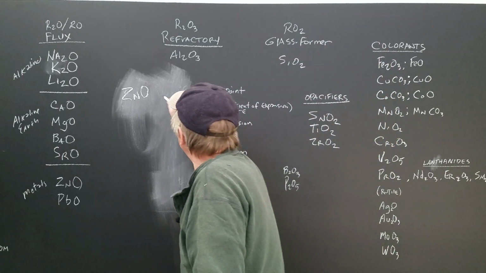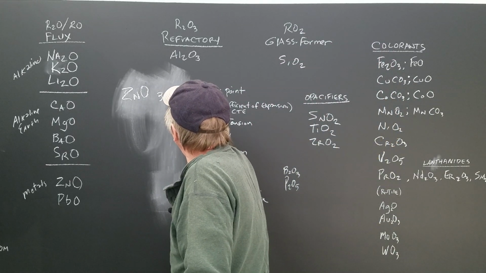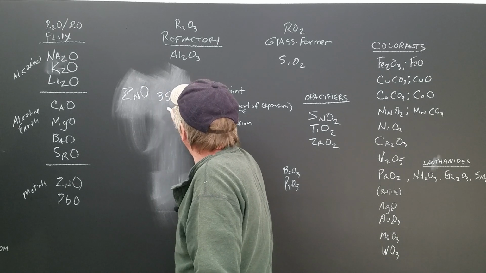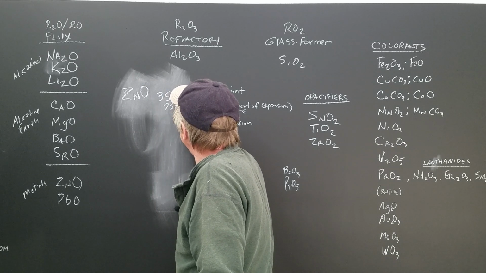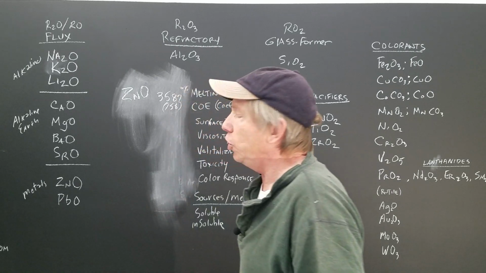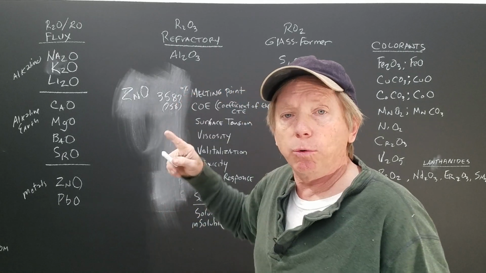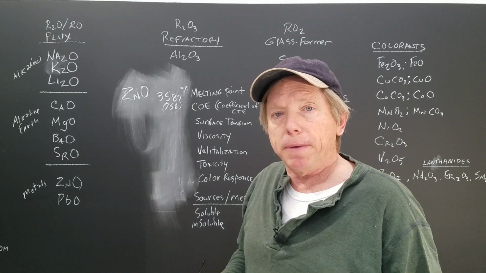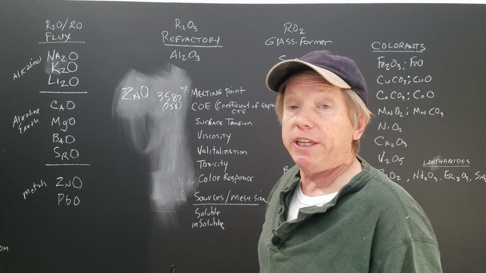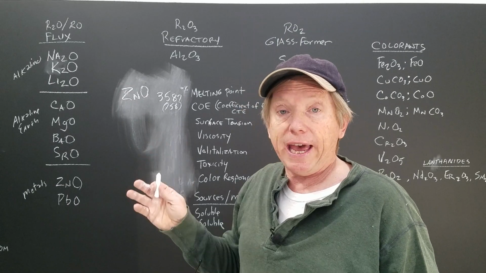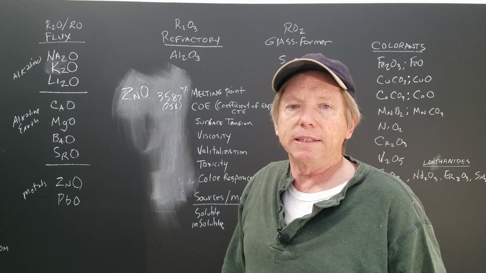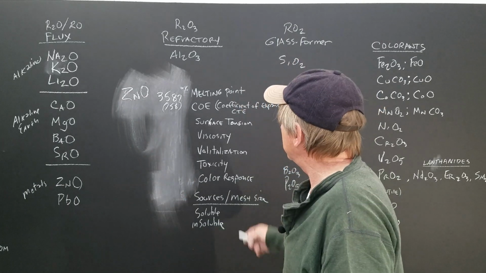Okay, it melts at 3587, but around 758, I think, and you put it in reduction, the oxide will be driven off, and you'll have zinc the metal, and that boils at 758, and it goes off as a gas. So that's why people don't like zinc in reduction glazes.